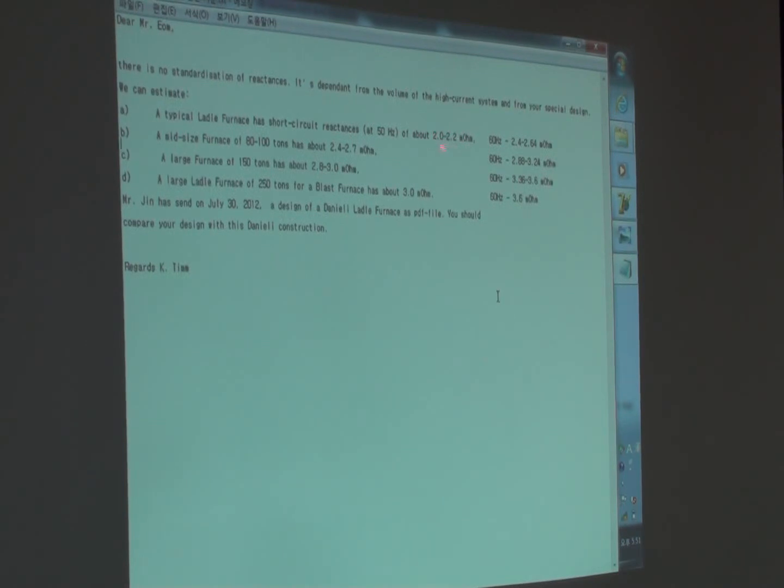You can also have systems, a small electric arc furnace, EAF, a very small one with 15 or 20 tons, may have this value. So it depends on the size and the volume of the system.